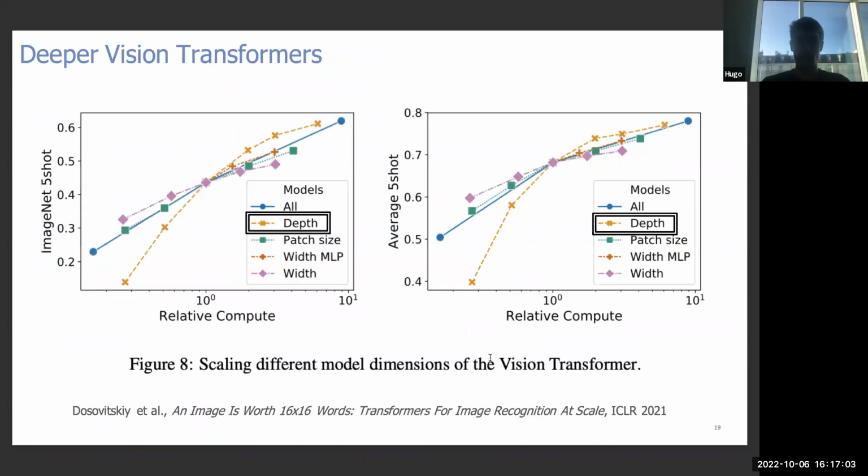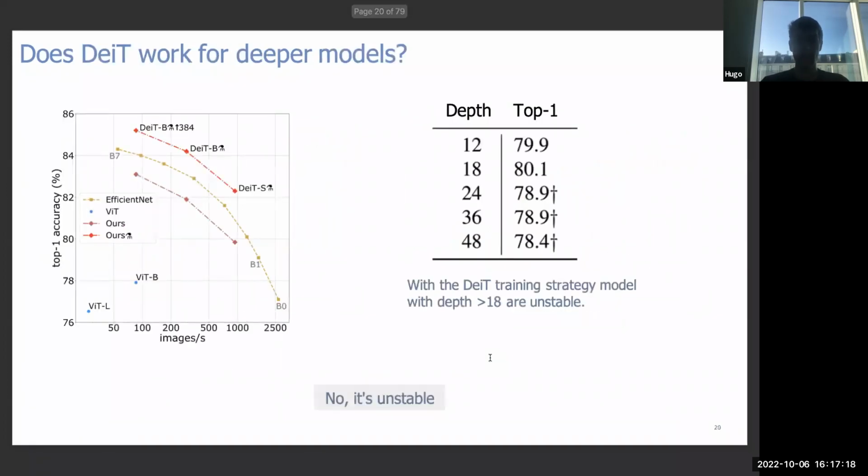But now, if we look at the Dosovitskiy paper, at figure 8, we can see that increasing the depth can help to have a better accuracy-efficiency trade-off. So we try to increase the depth of the DeiT architecture.